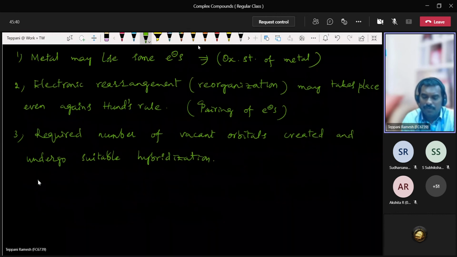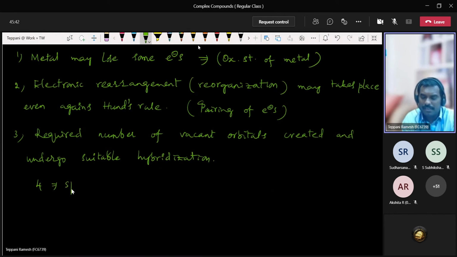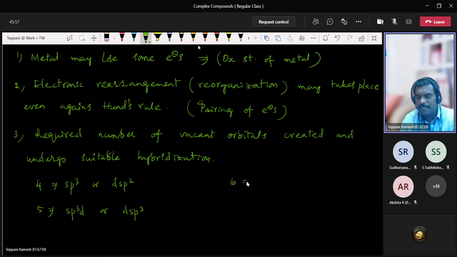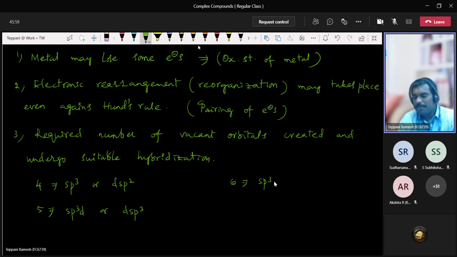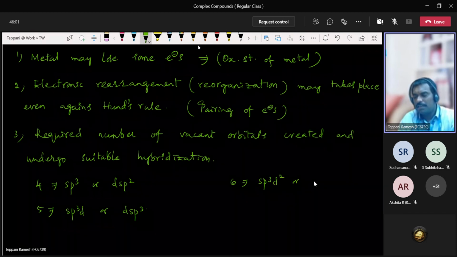For example, 4 ligands required, maybe sp3 or dsp2. 5 ligands approaching, maybe sp3d or dsp3. 6 ligands may approach, maybe sp3d2 or d2sp3.